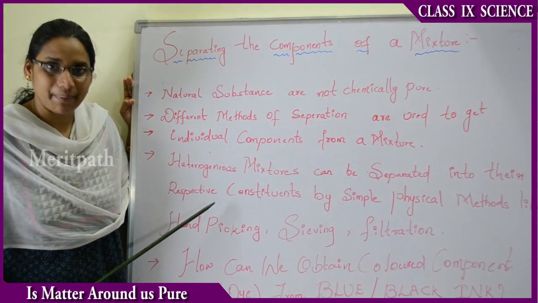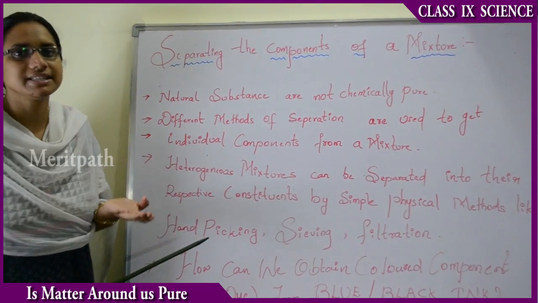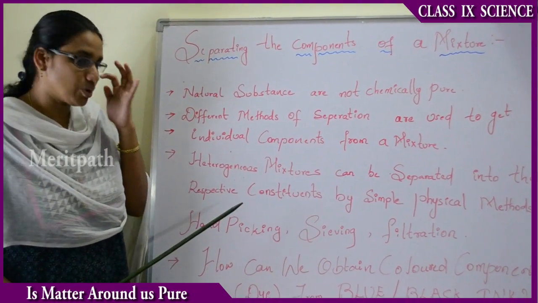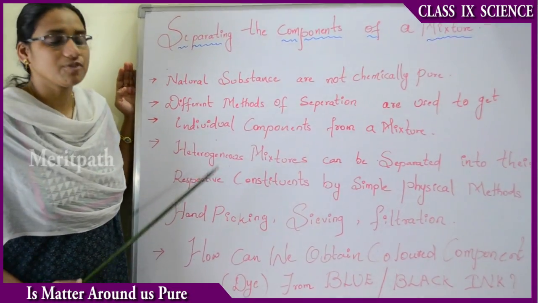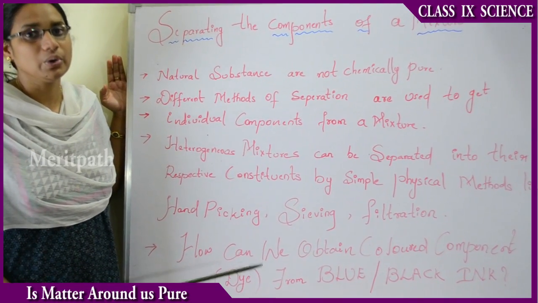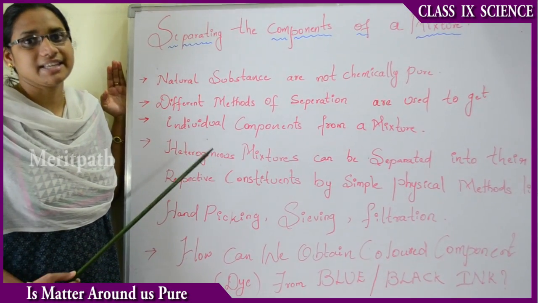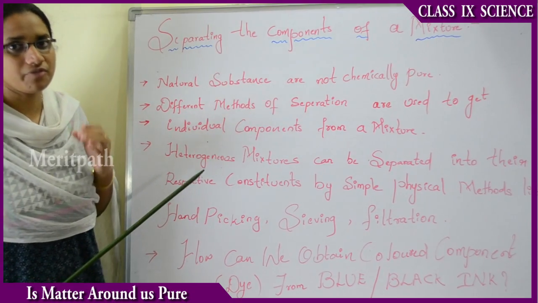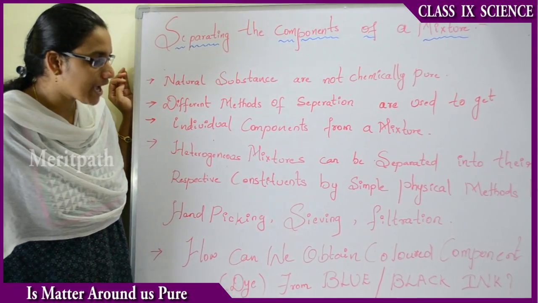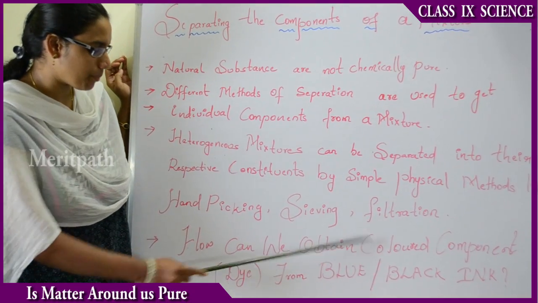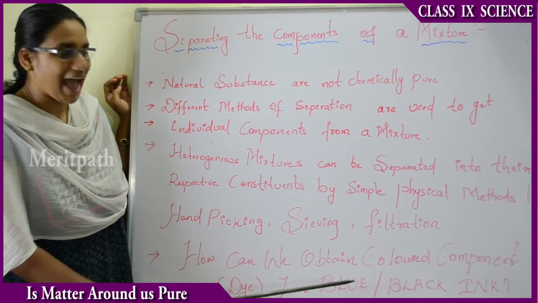Therefore, we can separate them because the particles will be settling down, so we can separate them easily. Thus, these separations are done to get the pure forms of substances from a mixture.